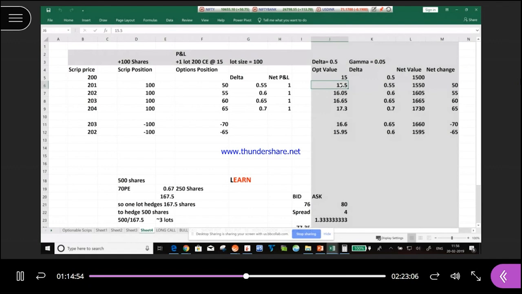Correct. Now, once the underlying moves, is my delta also going to increase by the amount of gamma? So my delta will become 0.5 plus 0.05. It is 0.55. Correct?